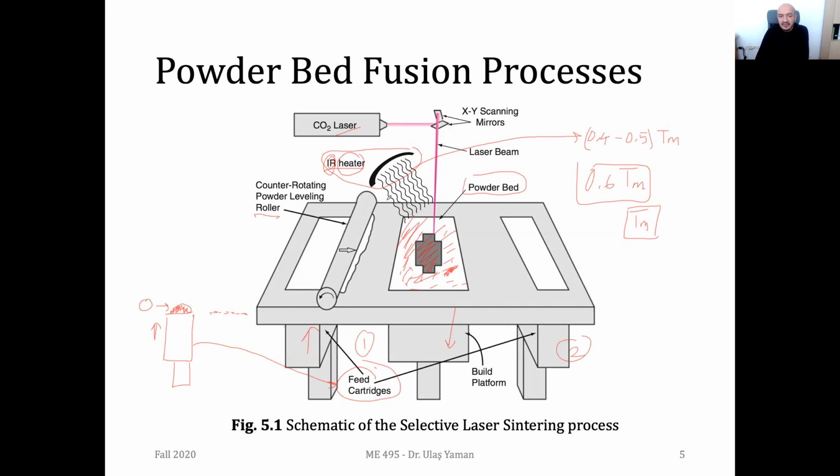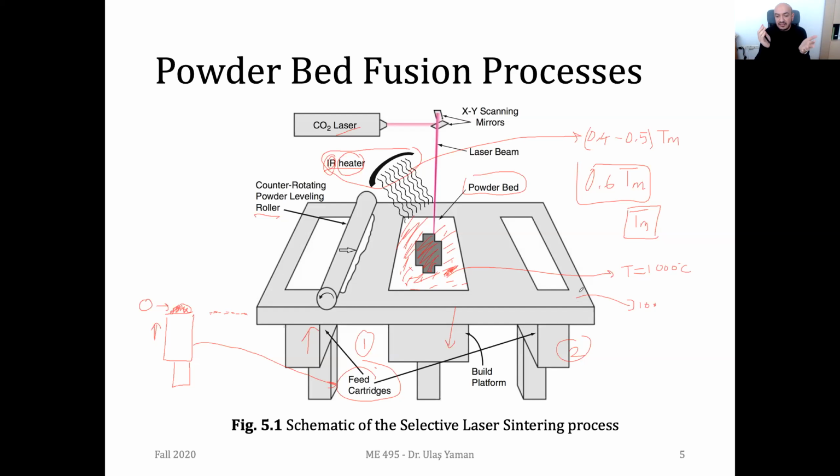Another advantage of using a heater is that you will be able to control the temperature of the environment. If you don't use a heater, then you will have, let's say, a temperature of 1000 degrees on the build plate, if it is a metal for instance, but a temperature of 100 in the machine, which means we have a huge difference between the powder bed and the other regions inside our machine.